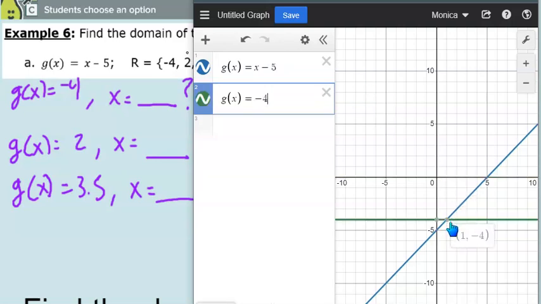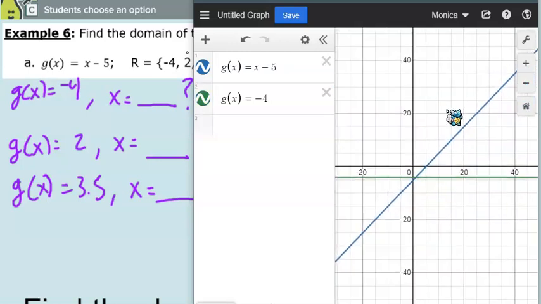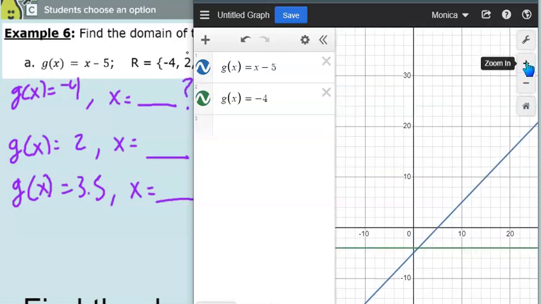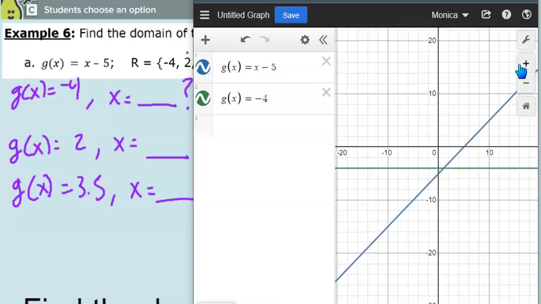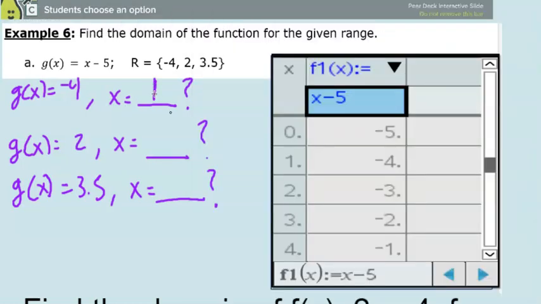And we're going to see where it intersects our graph. It's at x equals 1. If we zoom out, notice that it only goes through in that one spot. That is always going to be true for linears, but it can pass twice for quadratics. So x would be 1 for this one.